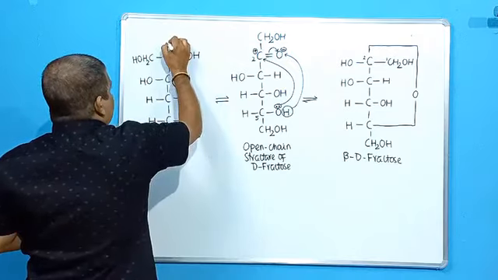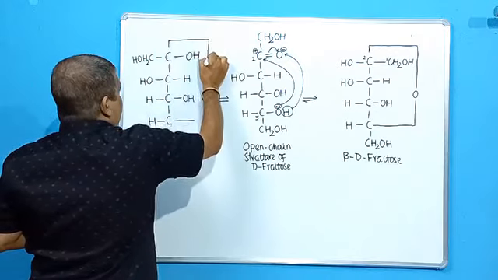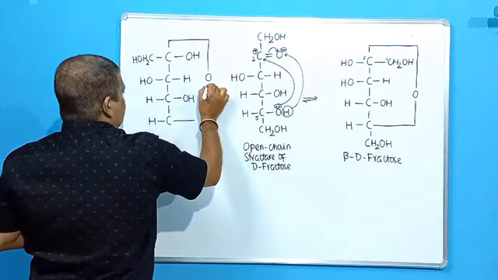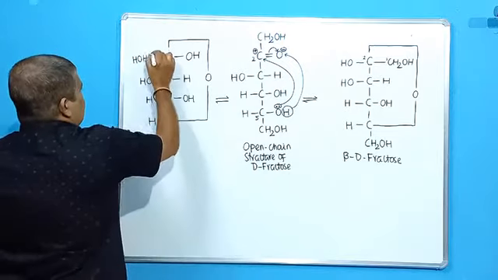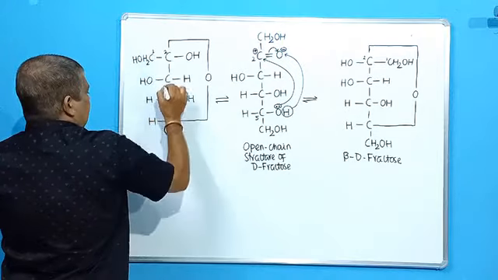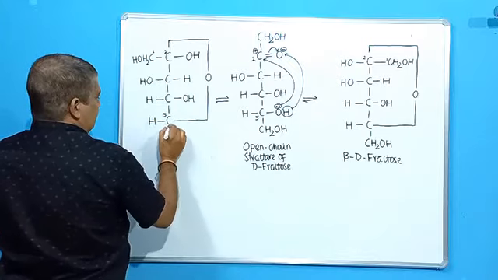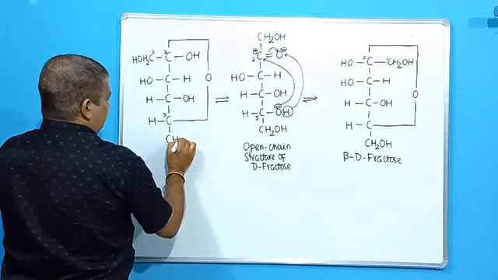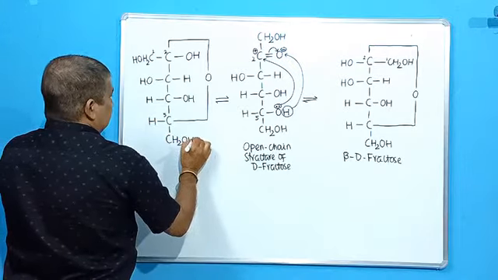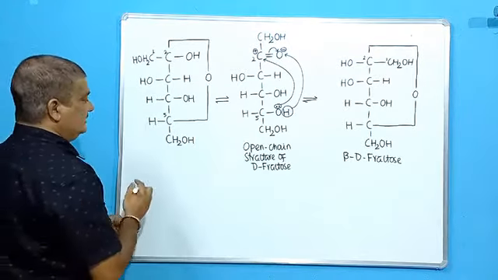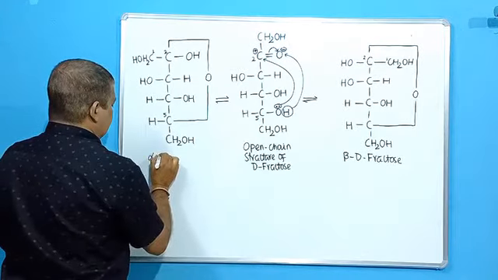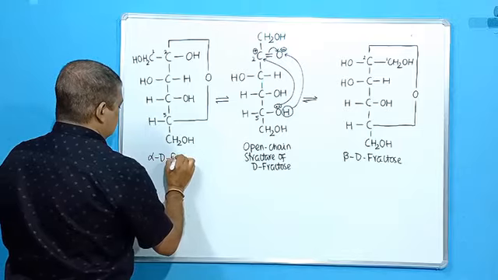Then there is the linkage between the second carbon atom and the fifth carbon atom like this. This is called the hemiketal linkage because this is the first carbon atom, this is the second one, and this is the fifth one. Then CH2. Here the OH group is placed on the right-hand side, which means it will be alpha D-fructose.